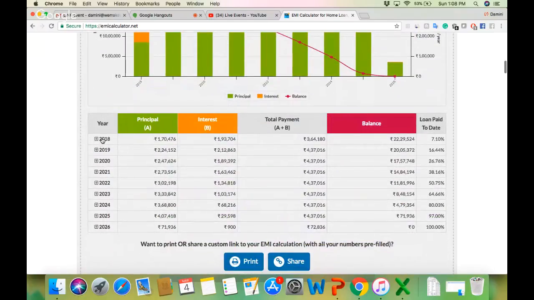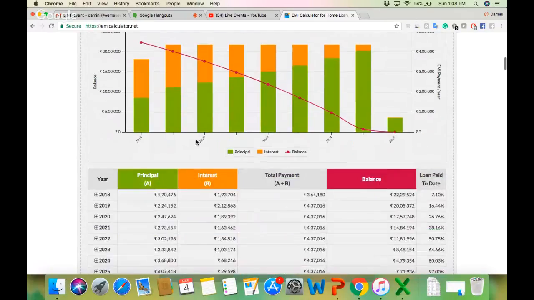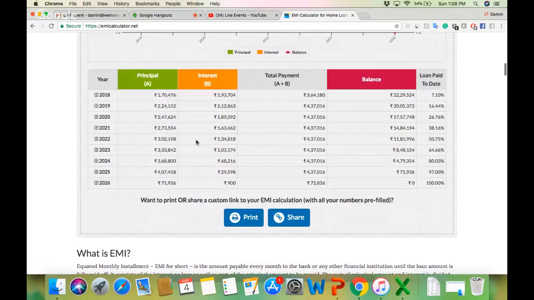Let's say in 2018 you start repaying and your EMI is 36,000 per month, for your 24 lakhs loan, which is after the moratorium period. In the first year, you're paying 1 lakh 70,000 principal and 1 lakh 90,000 interest.